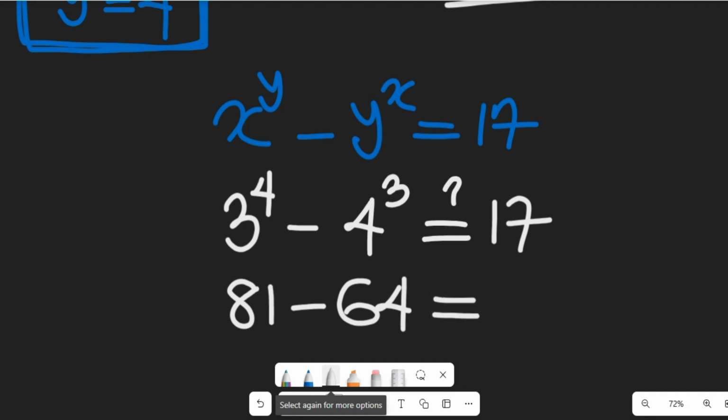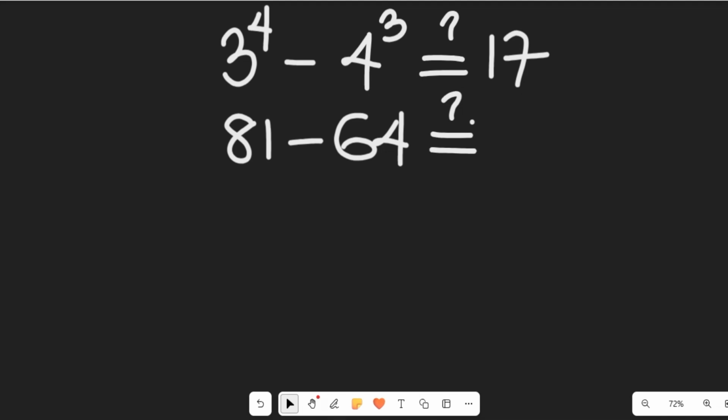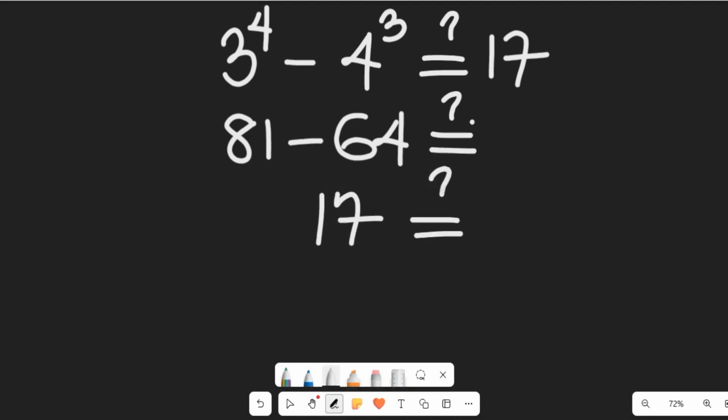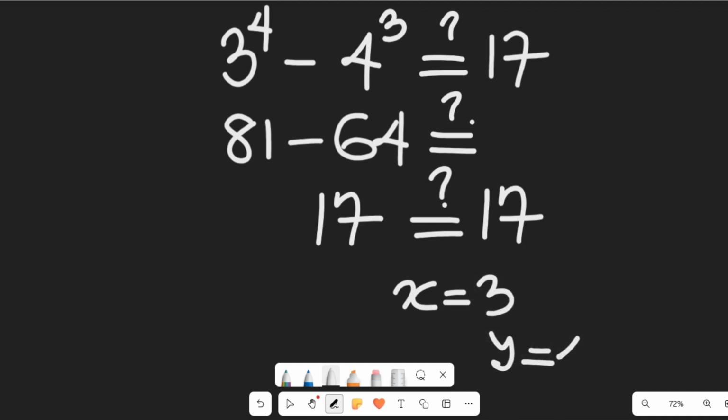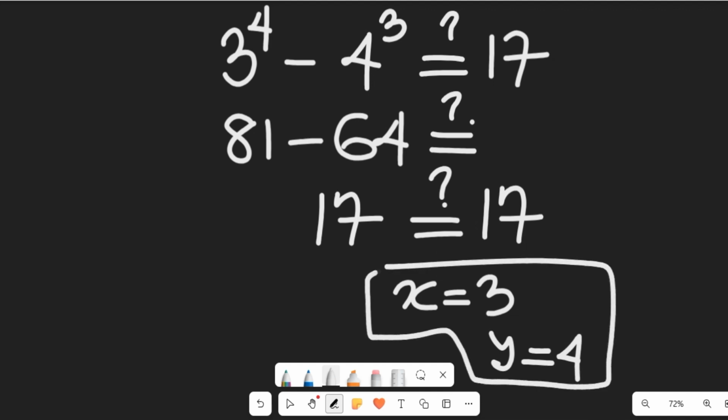So if you subtract am, you go find out say dis go give us 17. So you go see say 17 dey equal to 17. So dat tell us say the value of our x wey dey equal to 3 and the value of our y wey dey equal to 4 na the two solution wey match dat equation wey dem give us up there.